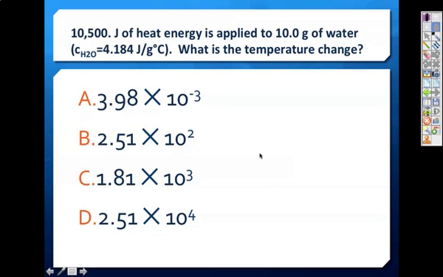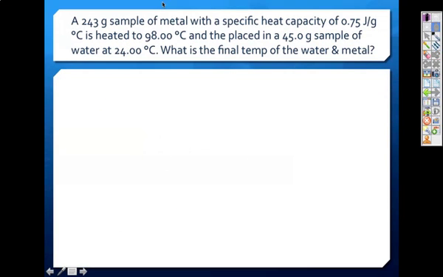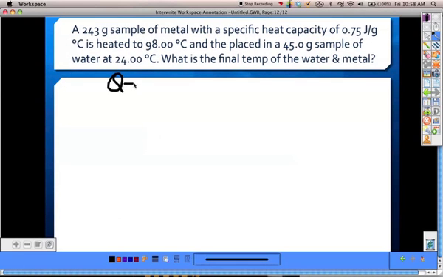Our last problem is a little bit trickier. We'll still write out here, though, that Q is equal to mc delta T. The more we write it, the easier it'll be to remember it. So it says that we have a sample of 243 grams of a metal.